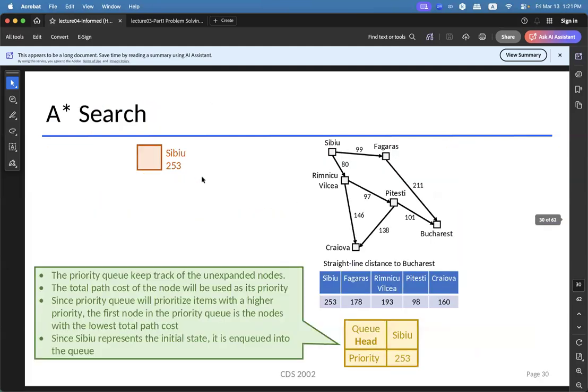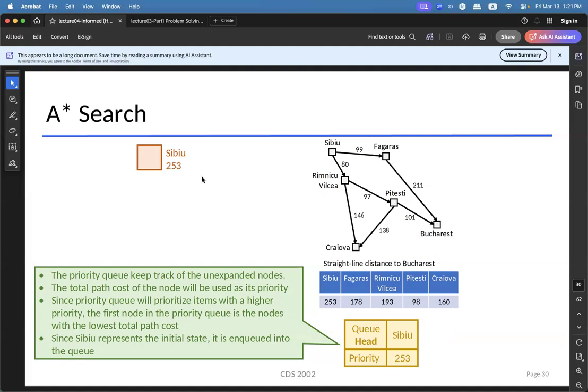Let's take a look at an A-star search example. So now we come across this example again. Here we start at Cebu, and the straight line distance to Bucharest table is shown here. This table becomes our heuristic function. At the bottom, we have the priority queue.